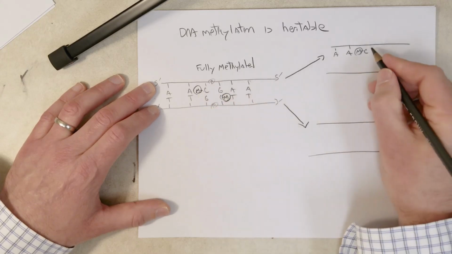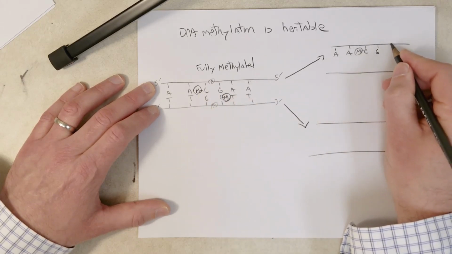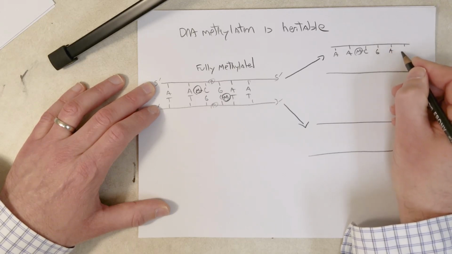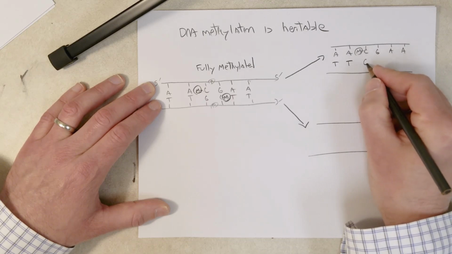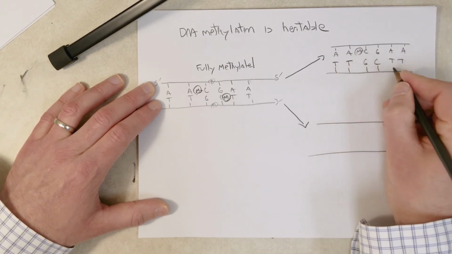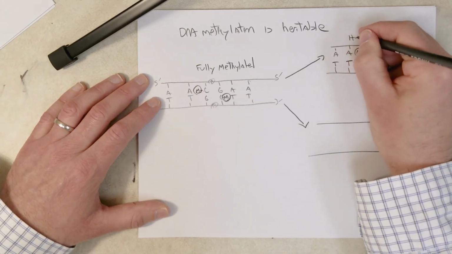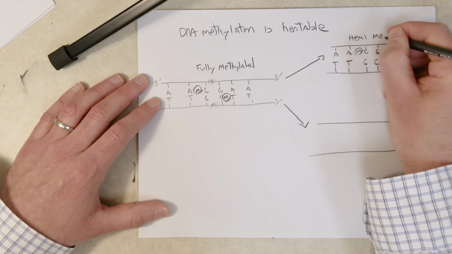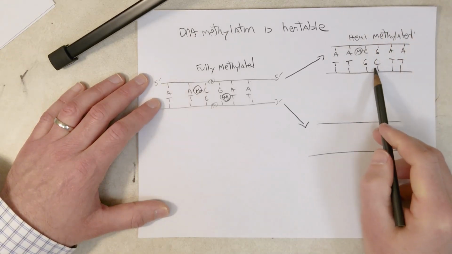That cytosine was methylated. And 5-methyl cytosine still pairs with G, so no problems replicating these. And here, this cytosine is not methylated. So this is hemimethylated.